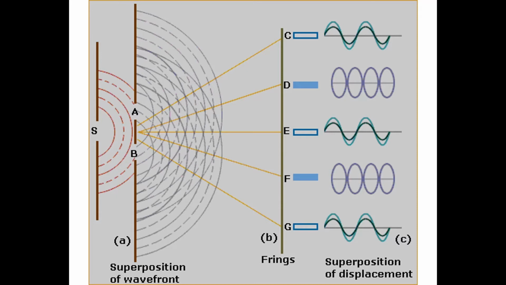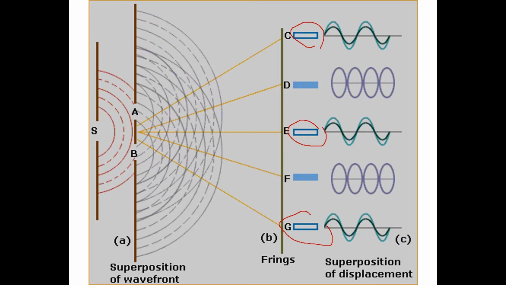So you can see, if I had a screen over where the other letters are, the C, D, E, F, and G are, where there is constructive interference, that would be points C, E, and G, where the waves are constructively interfering.